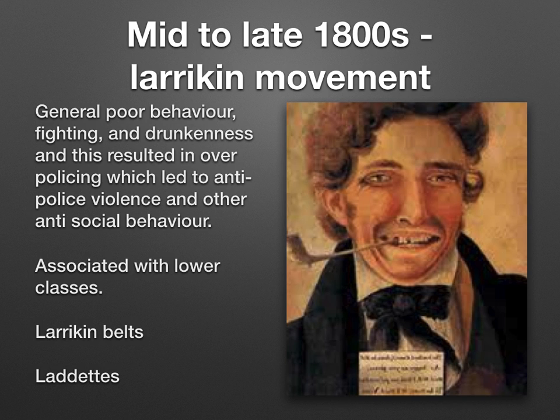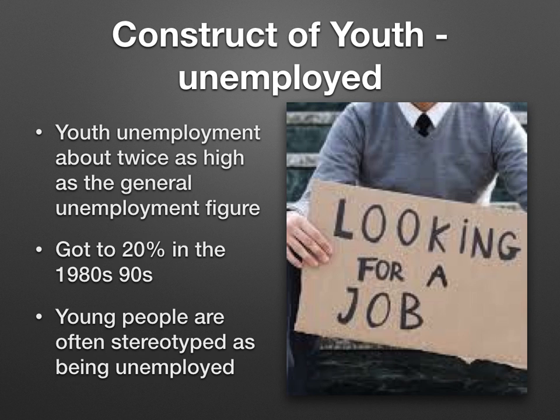There was a lot of violence and antisocial behaviour. It was associated with lower socio-economic areas, and there were ladettes as well. So larrikin is the male part of this, and you also had women who were ladettes. And there are larrikin belts in cities at the time, and there still are today, and you can probably identify the larrikin belt of your particular place. But these were a construct of young people.